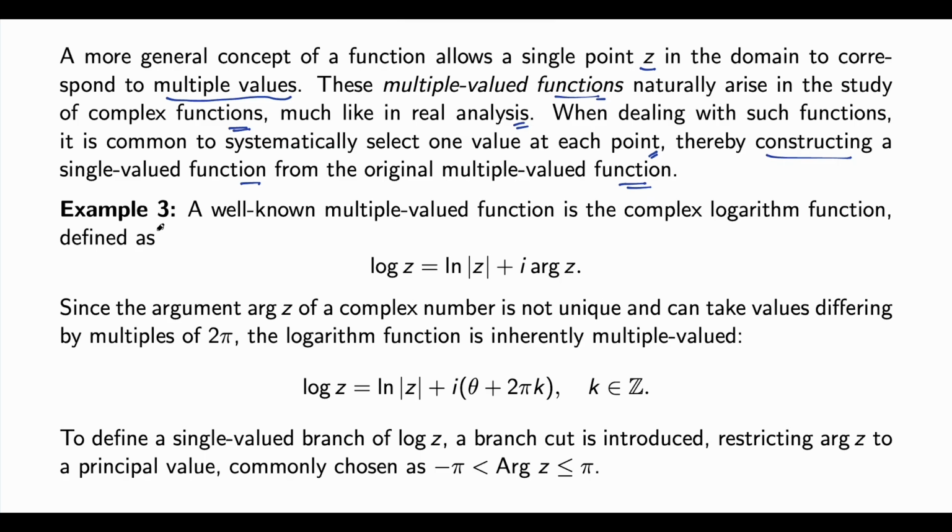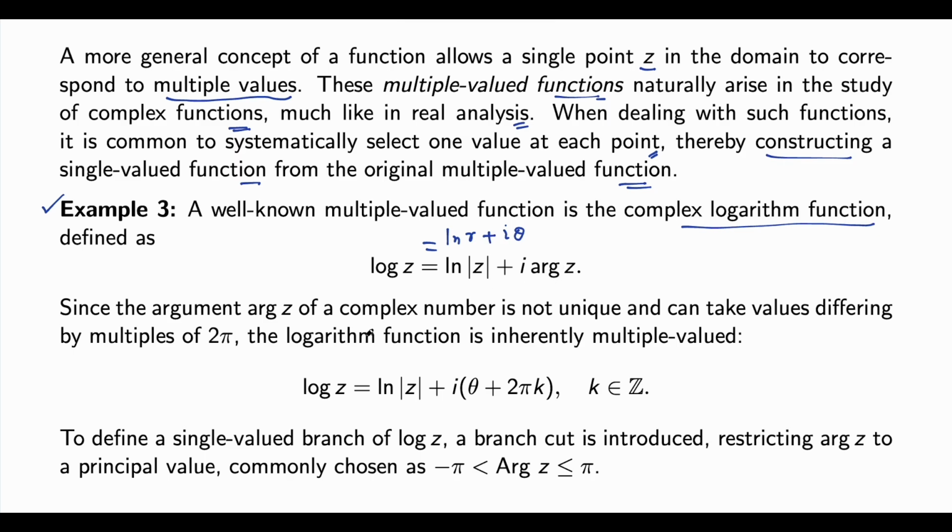So for example, a well-known multiple valued function is the complex logarithm function, which is defined as log of z equal to ln of modulus of z plus i argument of z. So you can also write it as ln of r plus i theta.